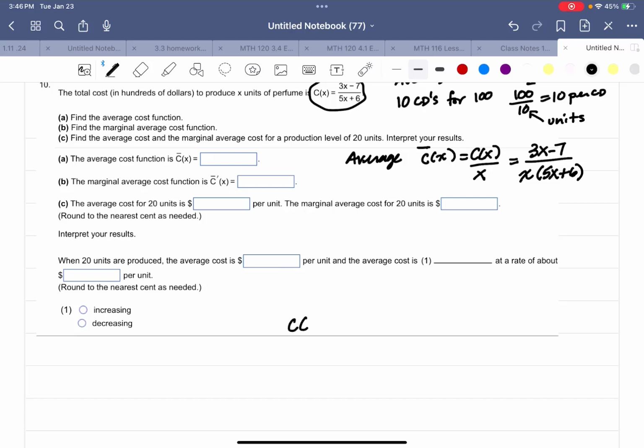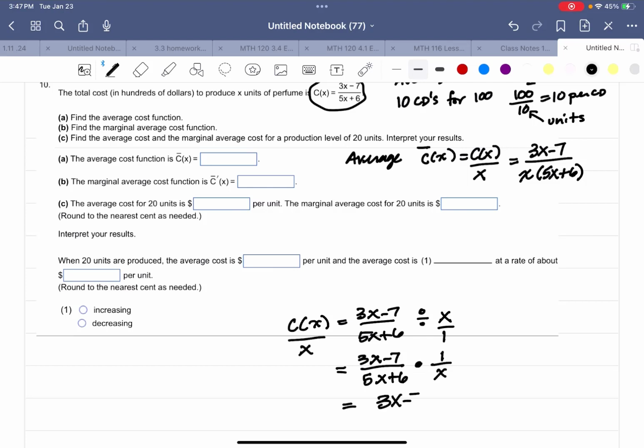If I take C of x, which is 3x minus 7 over 5x plus 6, and I divide it by x, well, the rule for fractions is that you invert the second fraction, which in this case happens to be x over 1, so you change it to times 1 over x, and look where the x ends up. 3x minus 7, and then x times 5x plus 6.